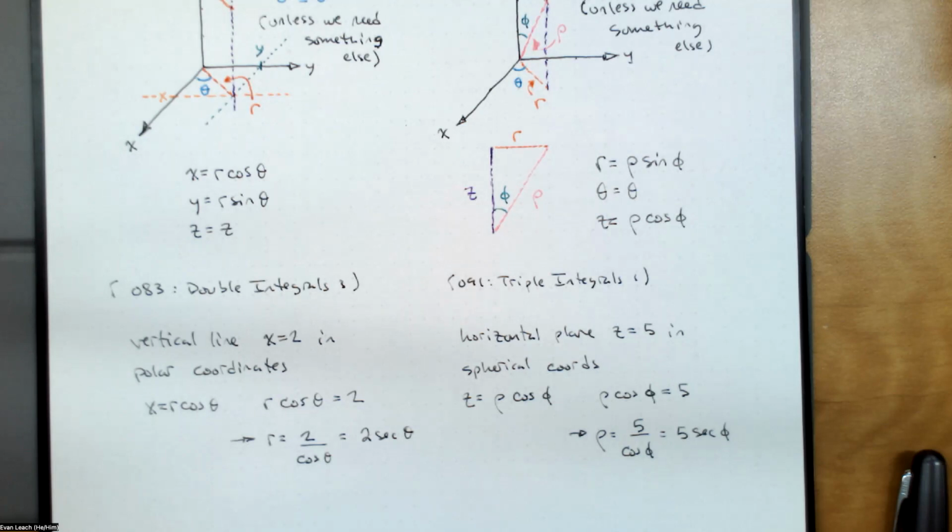The x-coordinate around the unit circle goes from 1 down to 0. So cosine of pi over 2 is 0. That means rho is going to be infinite. So what happens is that we maintain this horizontal z equals 5 as phi goes away. When phi is equal to pi over 2, we don't get anything. It's undefined. But as phi approaches pi over 2, our rho is approaching infinity.